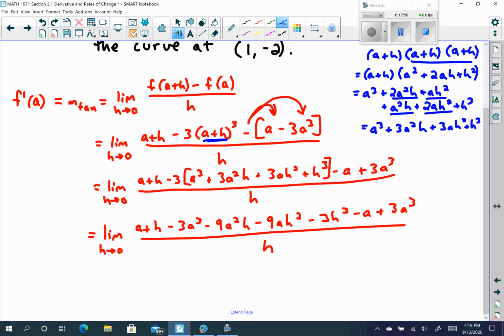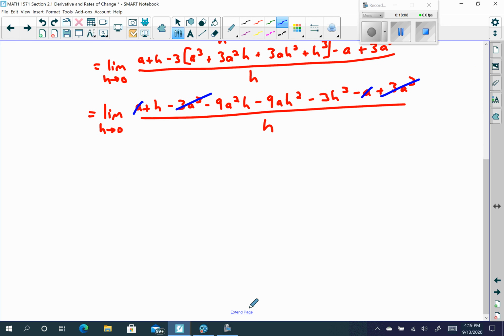All right, so now this a crosses out with this a. The negative 3a cubed crosses out with a positive 3a cubed. And that looks like everything. Now imagine what I have crossed out in blue is just completely gone, just to save a step. I can go through and divide all of these terms here by this h here, and that's going to get rid of that denominator.